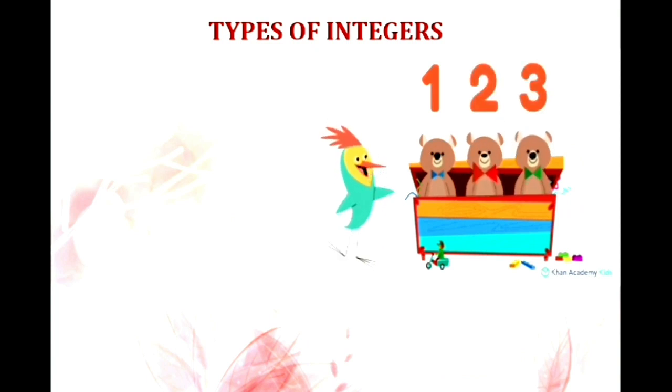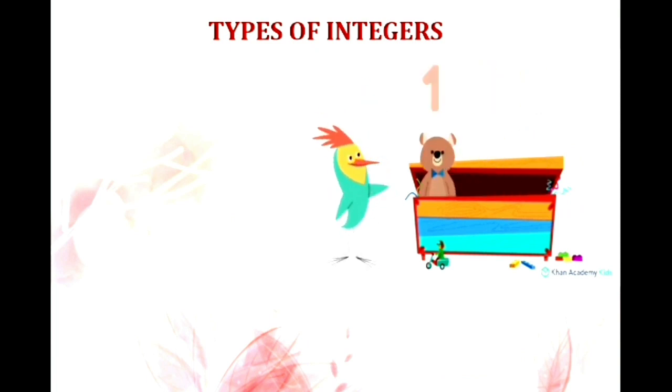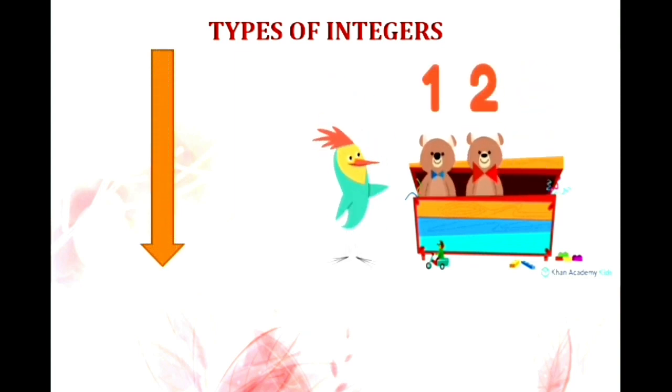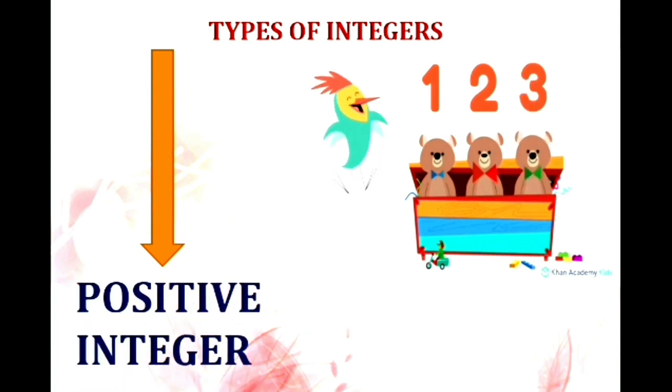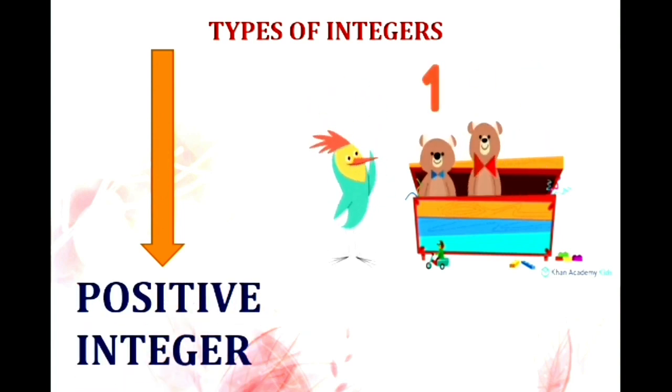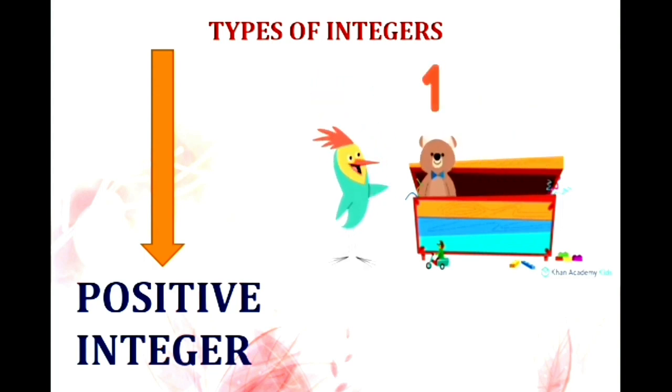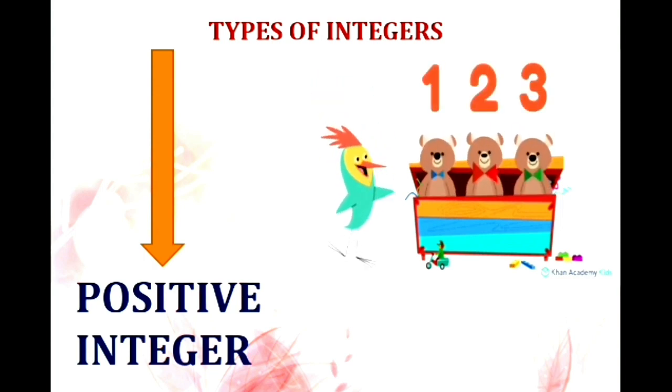Now, types of integers. Just now I explained integers are of two types. The first is positive integers, which includes positive numbers 1, 2, 3, 4. We usually do not write +1, +2. We write 1, 2, 3, 4.